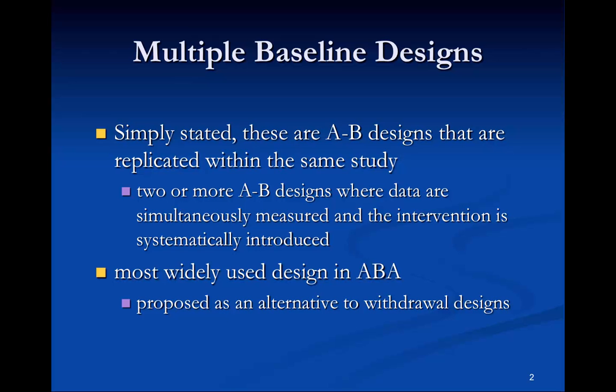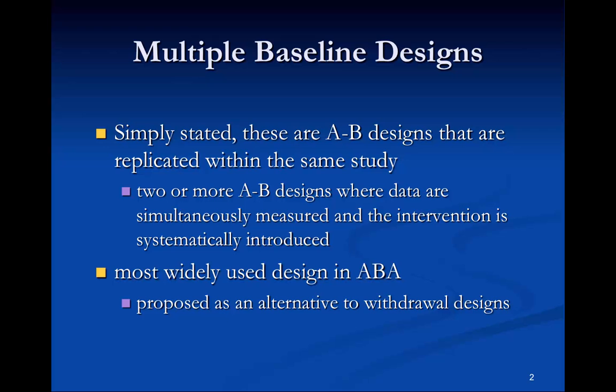It's the most widely used design in ABA, and I think primarily that's because reversal designs or withdrawal designs that we talked about last time are certainly the simplest and show functional relationships in the most straightforward way.